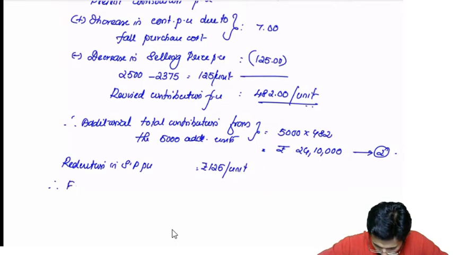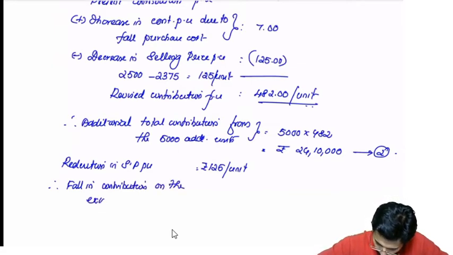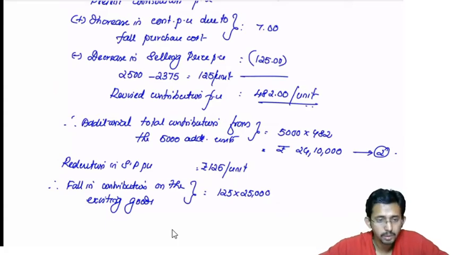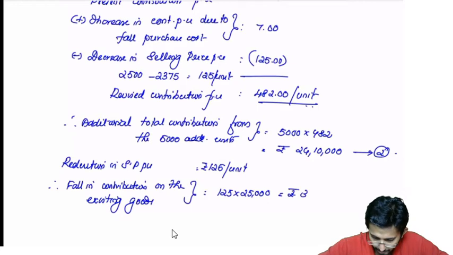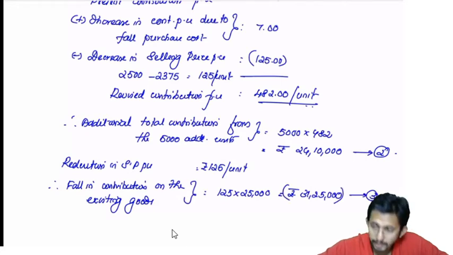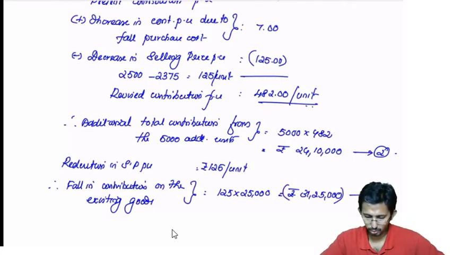Therefore, fall in contribution on the existing goods is 125 into 25,000, that is 31,25,000, and this has to be negative. Is it clear?